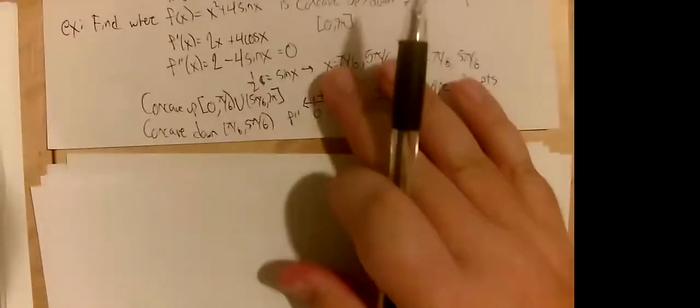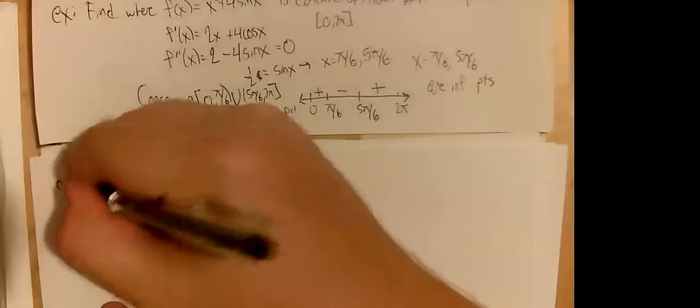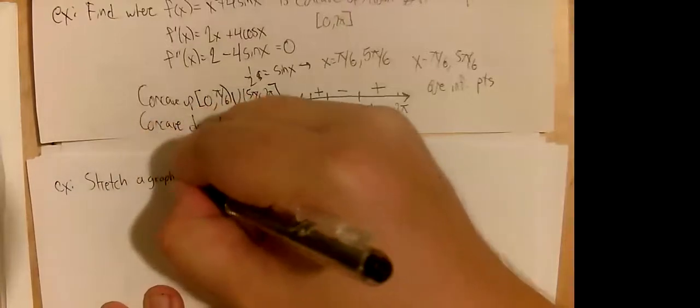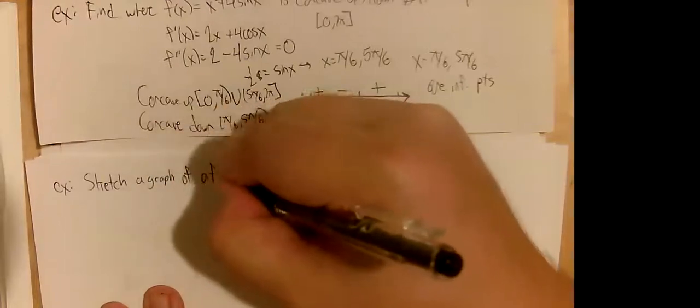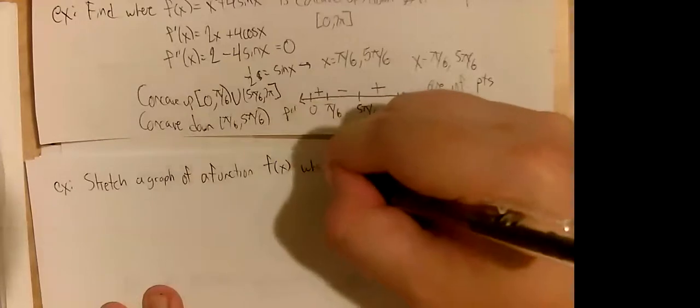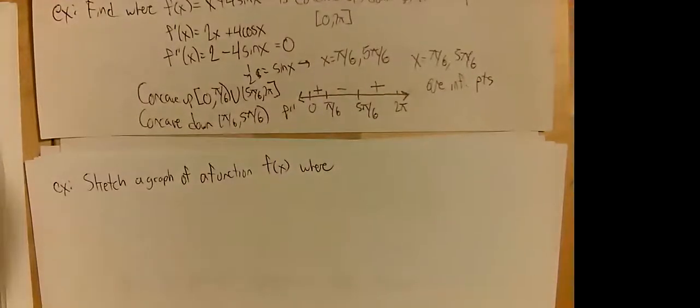All right. Let's take a look at the next problem here. So for this example, I want to sketch a graph of a function f of x where the following things are true.